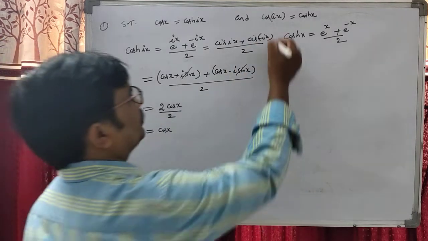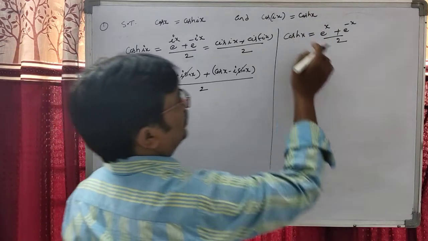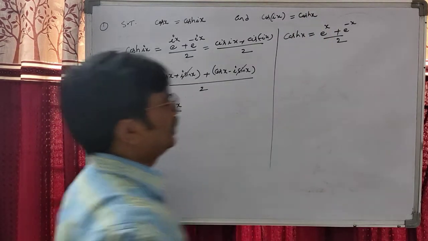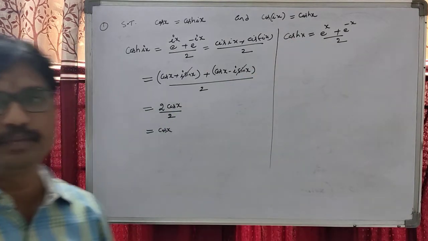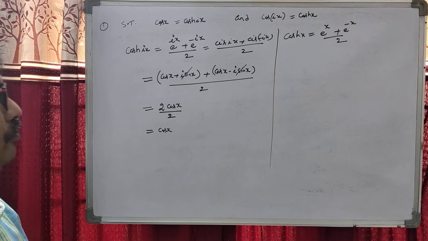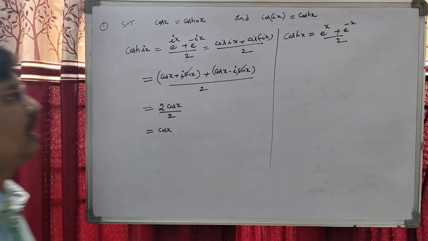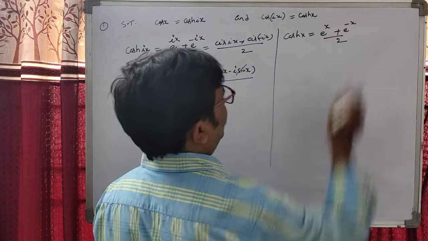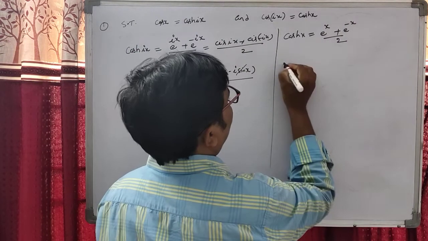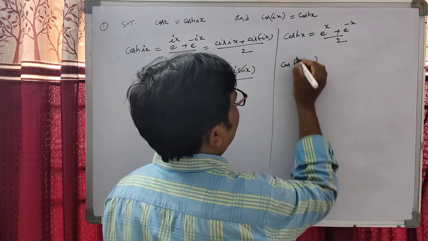Now students, how can you write this as cosh x? The cosh of x is e power x plus e power minus x by 2. Now students, what we observed here is the cos of ix. On both sides we take cosh, and instead of x we take ix.